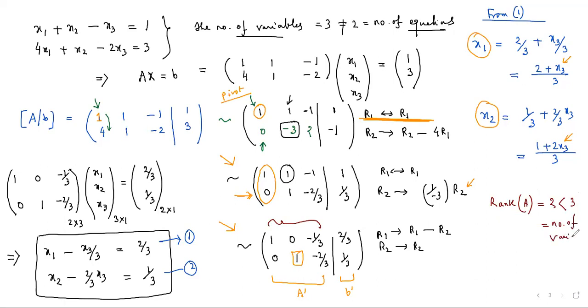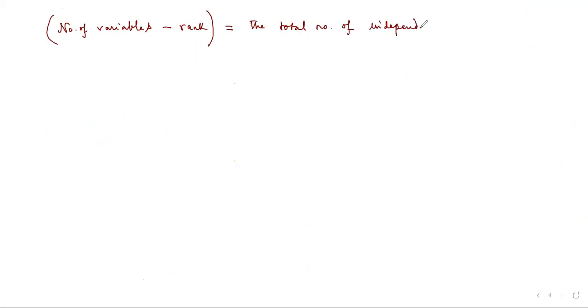The rule says that if the rank is less than the number of variables, then the number of variables minus the rank gives you the total number of independent choices of the variables.